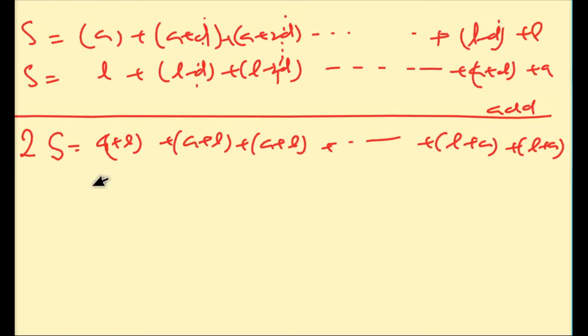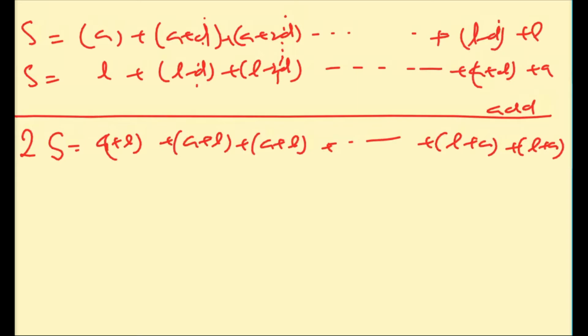So student, we can see here A plus L, A plus L, A plus L, L plus A means A plus L. How many times? N times. Since we are saying here L equals Tn, how many terms are there? N terms. So if we add N times, what is the sum? N into (A plus L).